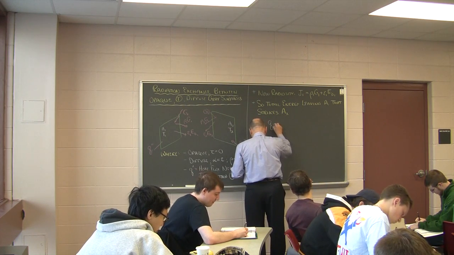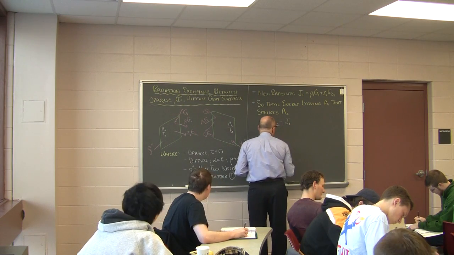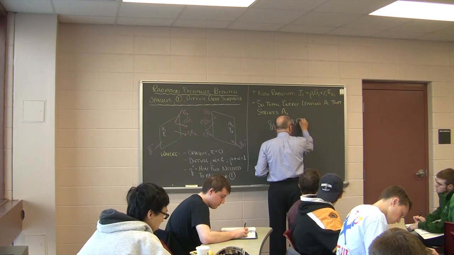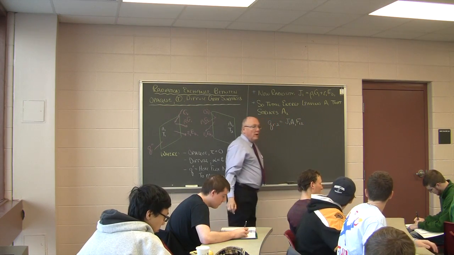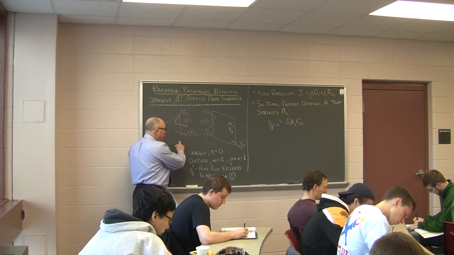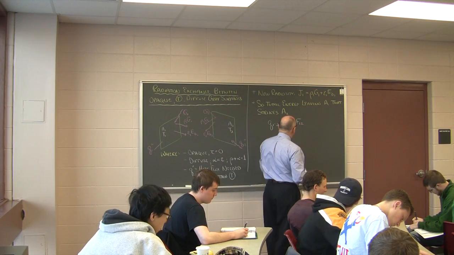Q1 to 2 will be equal to J1 A1 F1 to 2, where F1 to 2 is the view factor or shape factor of how shape 1 sees 2. And J is the total amount of energy leaving.